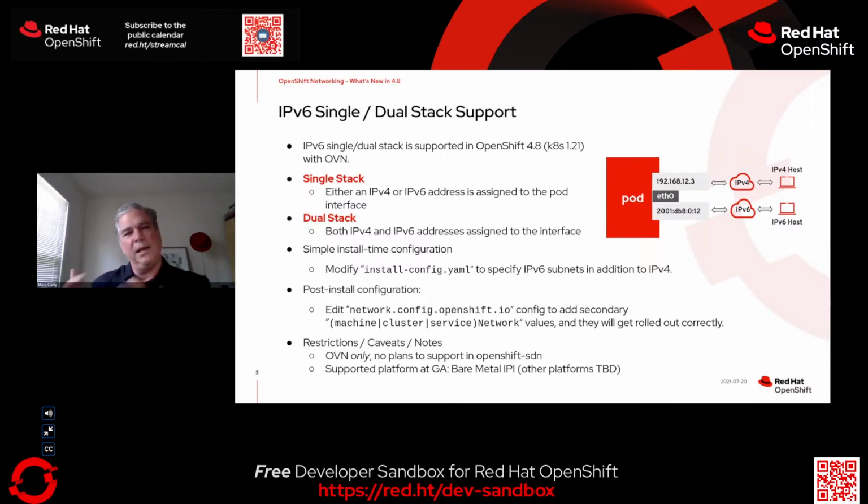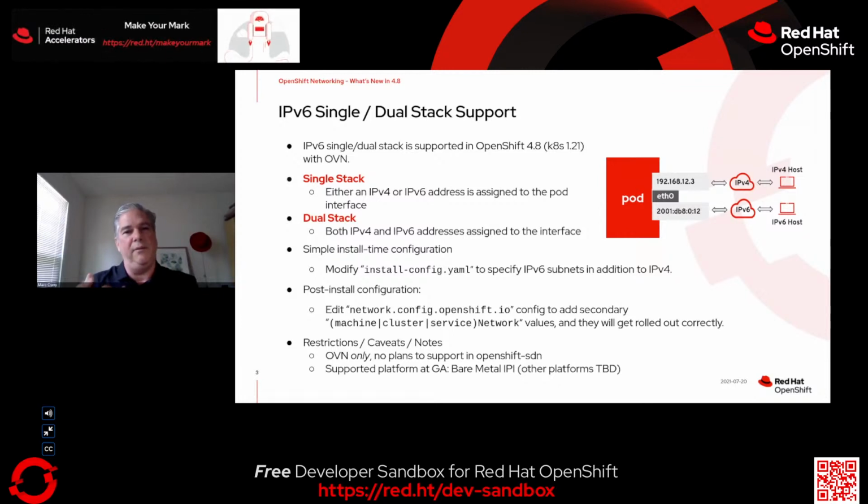So backing up a little bit to make sure we're all on the same page, single stack, of course, means that the pod interface has either one of a v4 or a v6 address on it. So you choose one of those, and all of OpenShift networking is going to be 100% aligned to that choice.